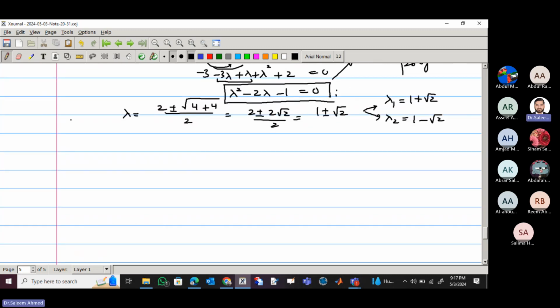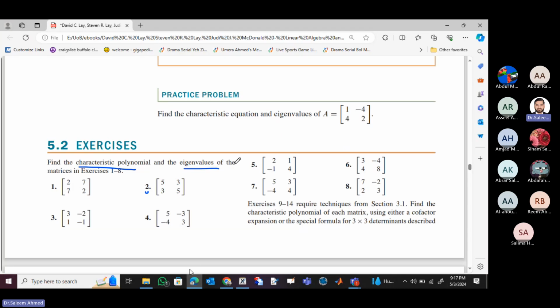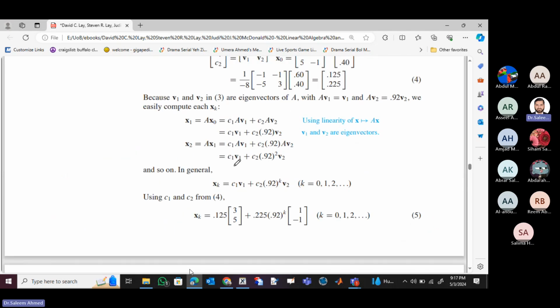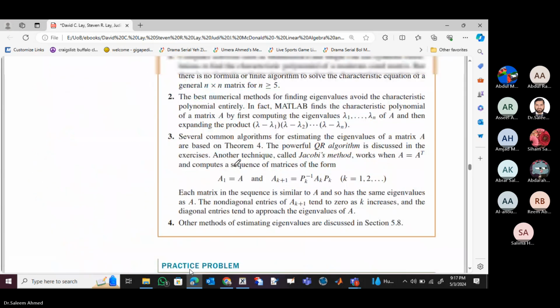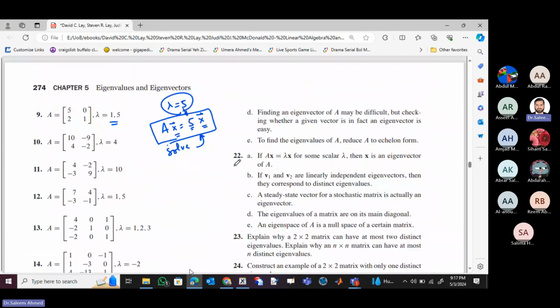To find eigenvectors, we should do some other example. Maybe I can do that example where eigenvalues were given to me. Right, I can save time now.